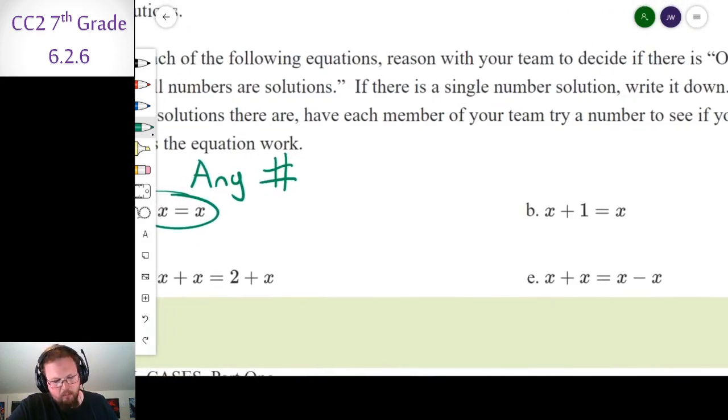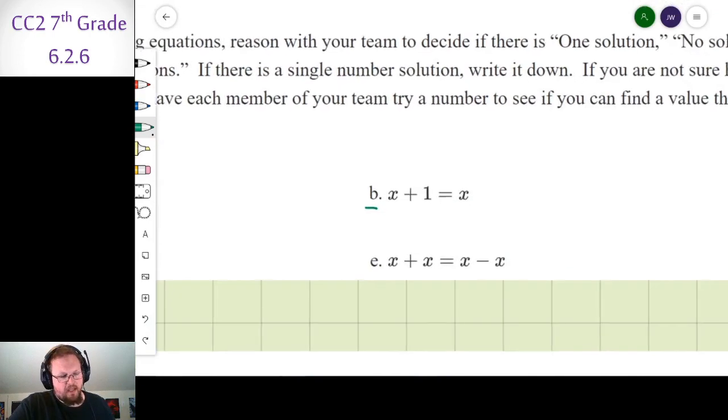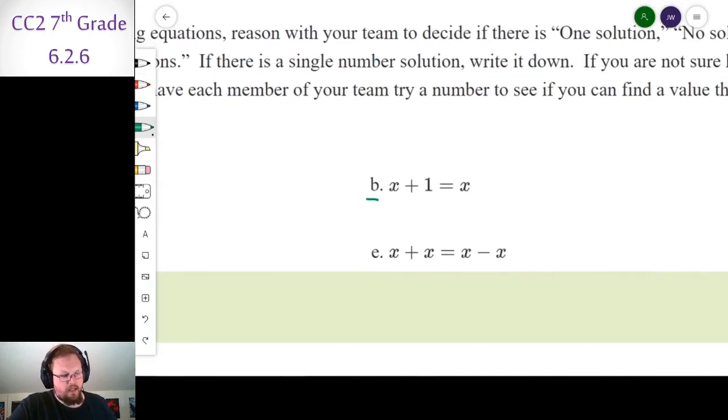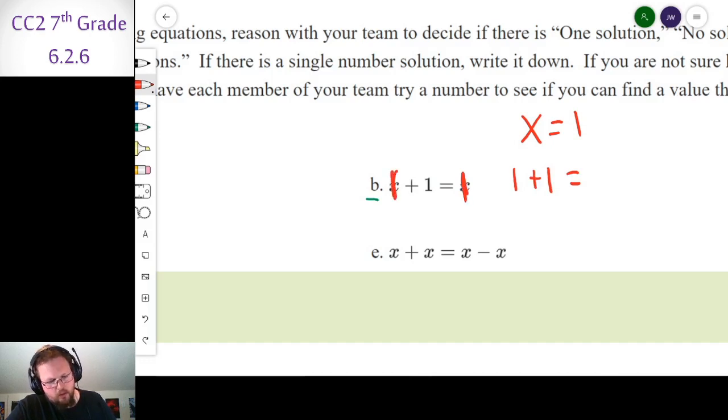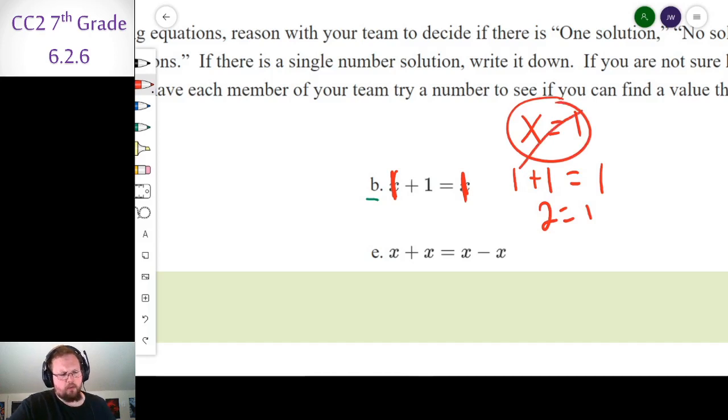Let's look at part B. If I tell you x plus 1 is equal to x, and ask you what number makes this true, you say, let's just try something. Let's try x equals 1. If I plug in 1 for each of those, 1 plus 1 is 2, so 2 equals 1. Okay, so 1 doesn't work.